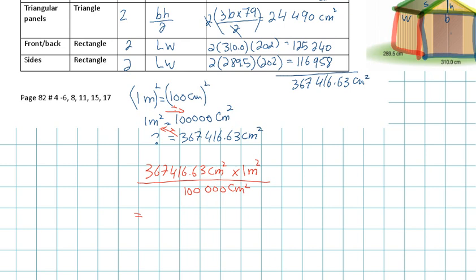So it's 10,000, one less zero. 100 squared, so it should be this. 5.